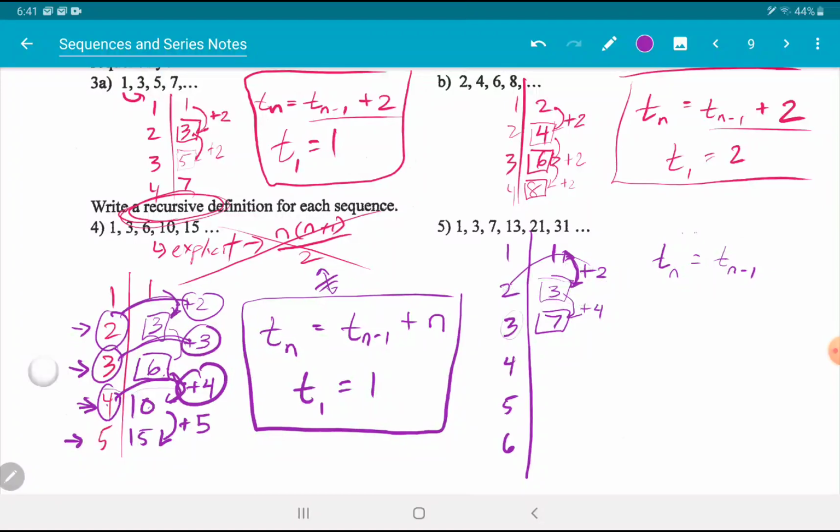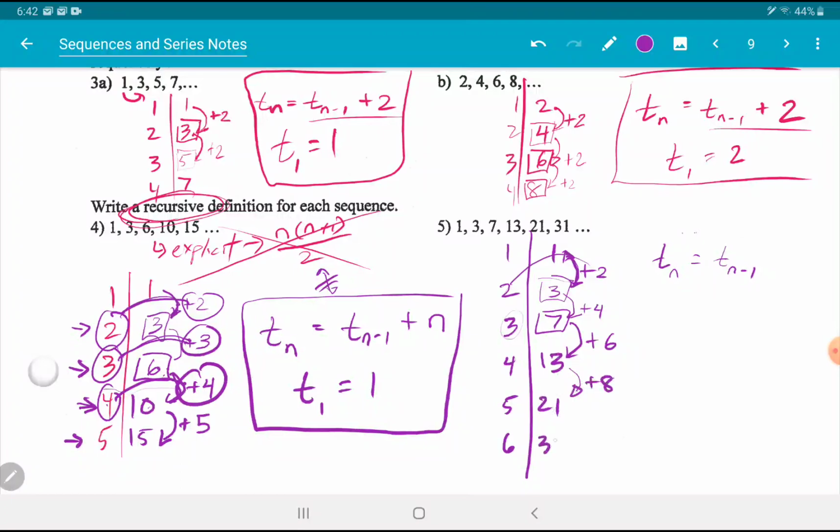Let's keep going though. To get from 7 to 13, we need to add 6, right? Then to get to the next number, I sort of know it's going to be 21, but how do I get from 13 to 21? Well, 13 plus 8 gives us our value of 21.